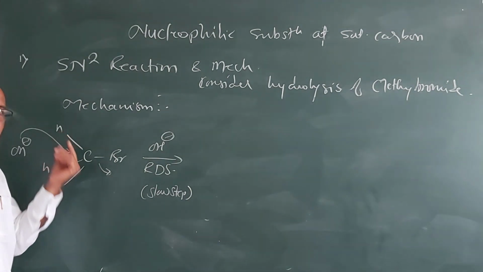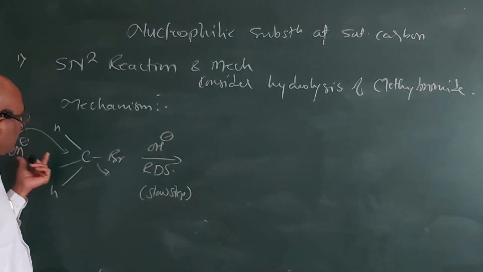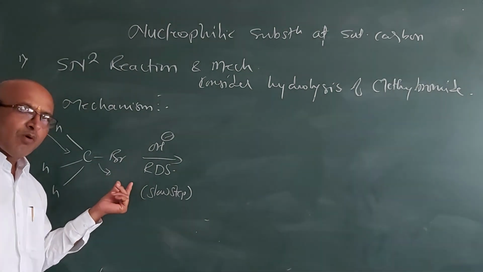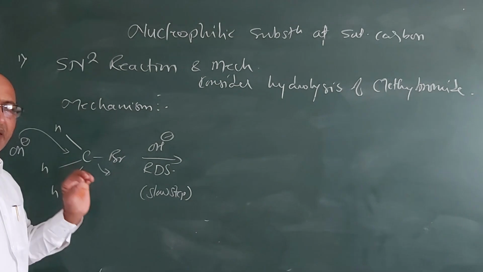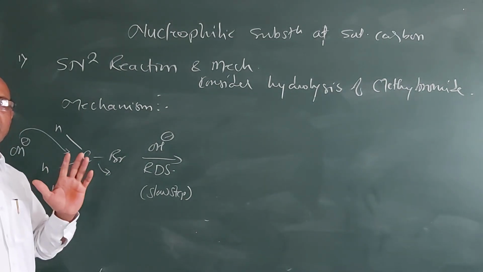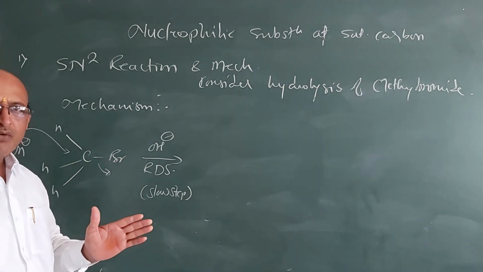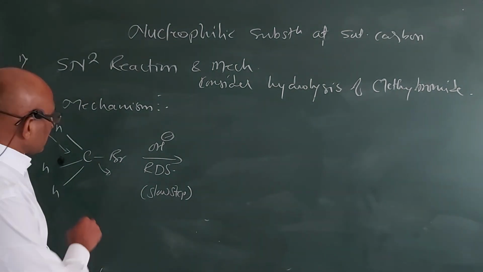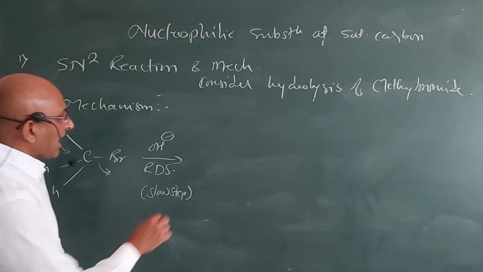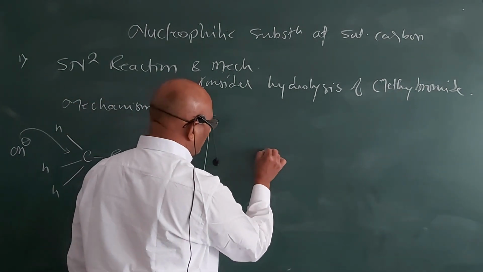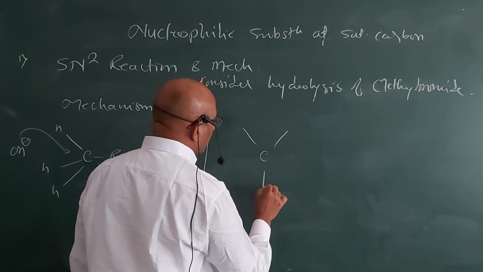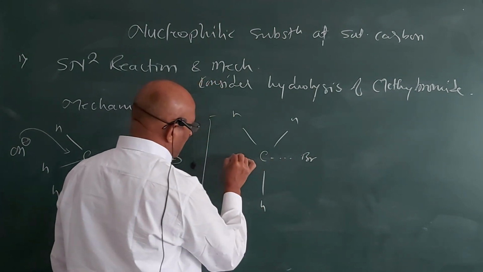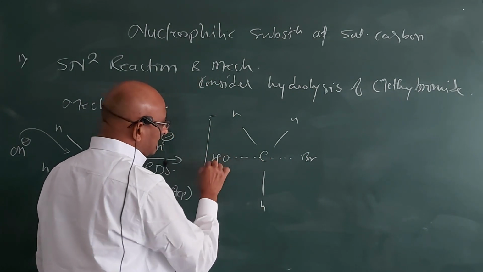And this energy released by the C-OH bond formation is utilized for the C-Br bond breaking, because C-Br bond breaking is an endothermic process which needs a supply of energy, which is supplied by the C-OH bond formation. And so simultaneously both these things take place, and you get the formation of a transition state in which the partial C-Br bond breaking and the partial C-OH bond formation are taking place.